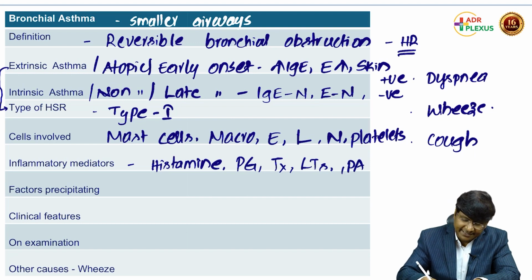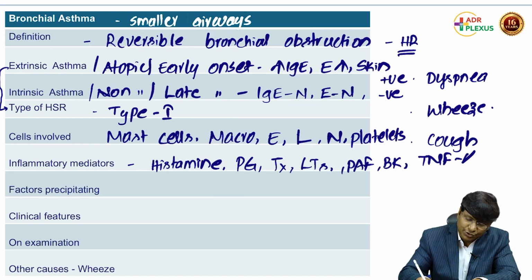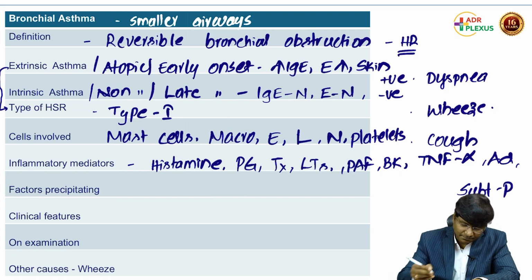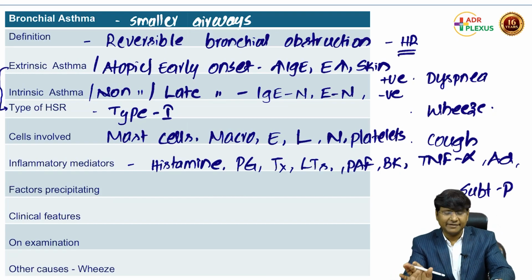Then the platelet activating factor, then bradykinin, then TNF alpha, that is tumor necrosis factor alpha. And we have other important substances like adenosine as well as substance P. So these are the inflammatory mediators which are released that will cause bronchoconstriction.